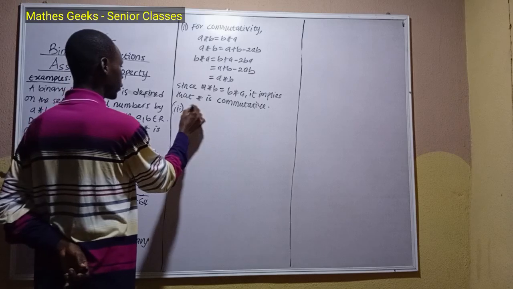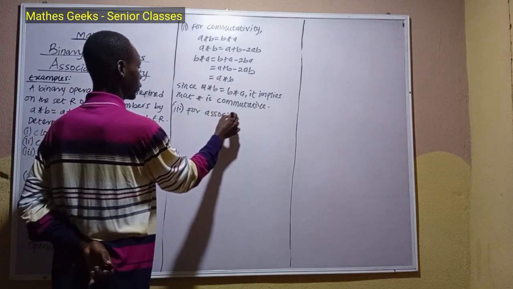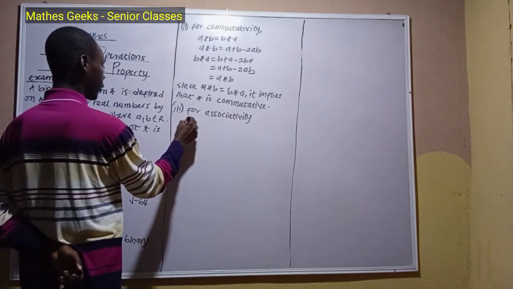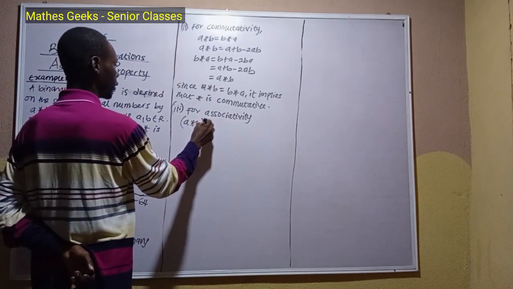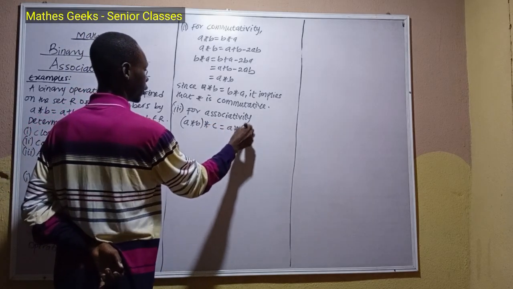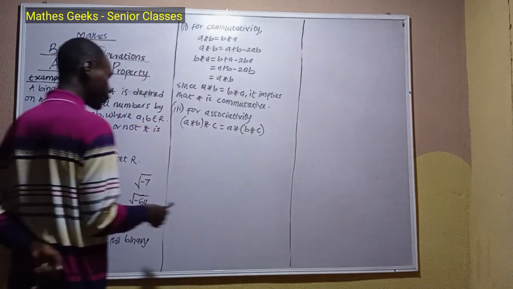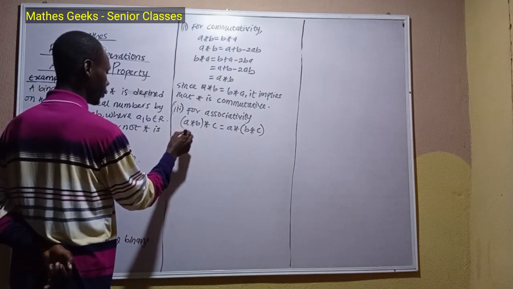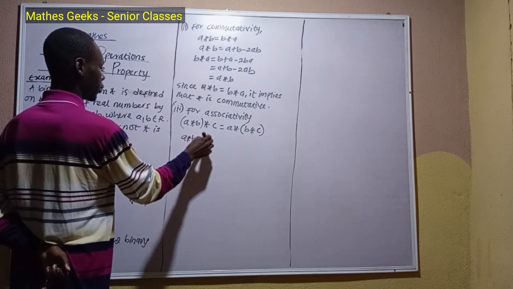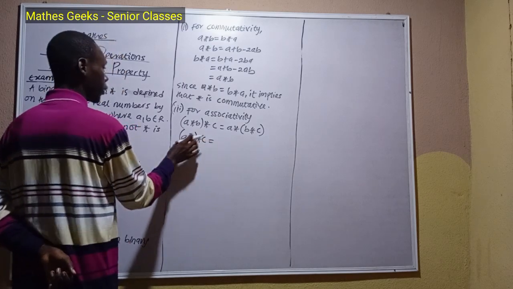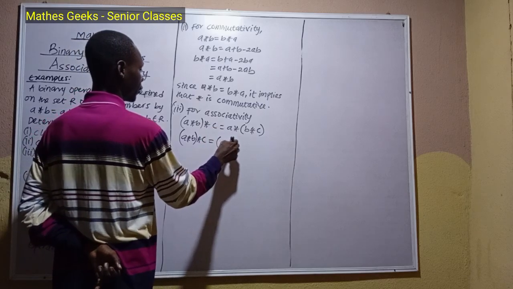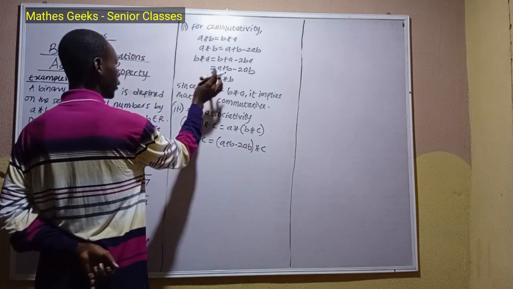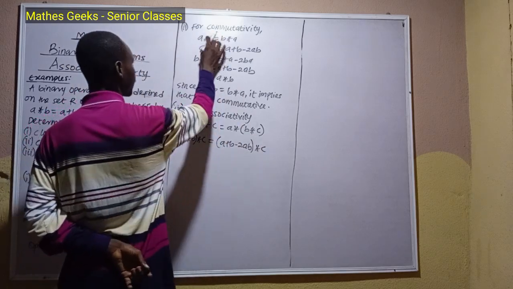Figure 2, for associativity: A star B, star C, should be equal to A star, B star C. So let's see. A star B is equal to A plus B minus 2AB, and then star C, where this whole expression is the A here and C is the B here.